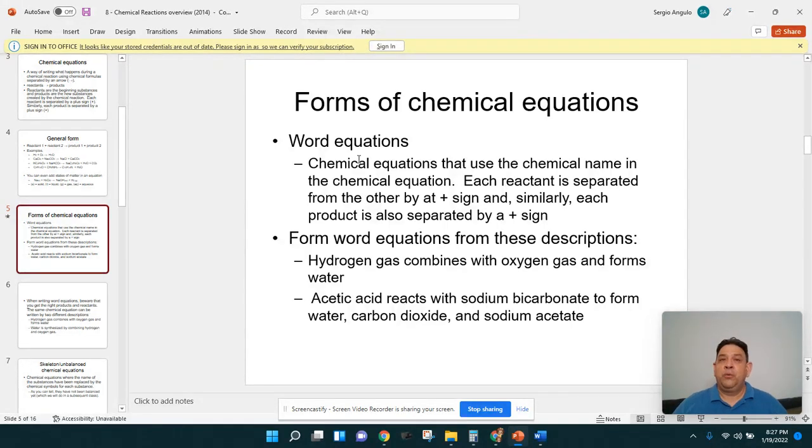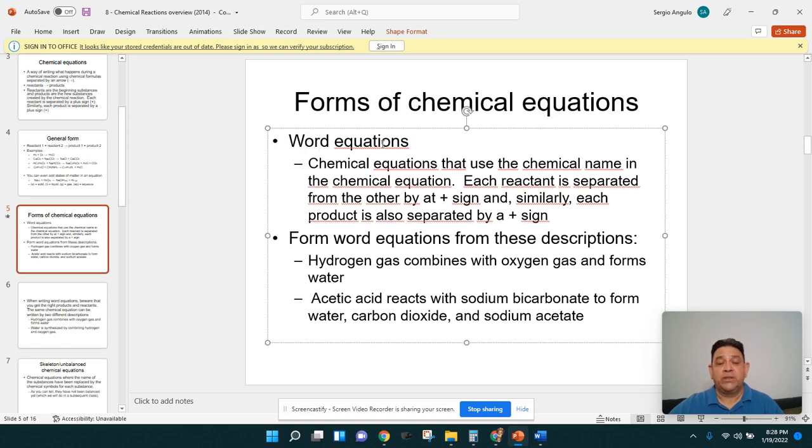We already learned that instead of writing out the whole name of a compound, we can just write out its chemical formula. The chemical formulas that we learned at the end of first semester are a shortcut way of writing out a compound's name. Well, the chemical equation uses those chemical formulas to shortcut so that we don't have to write out things. So there are a couple of levels of equations.